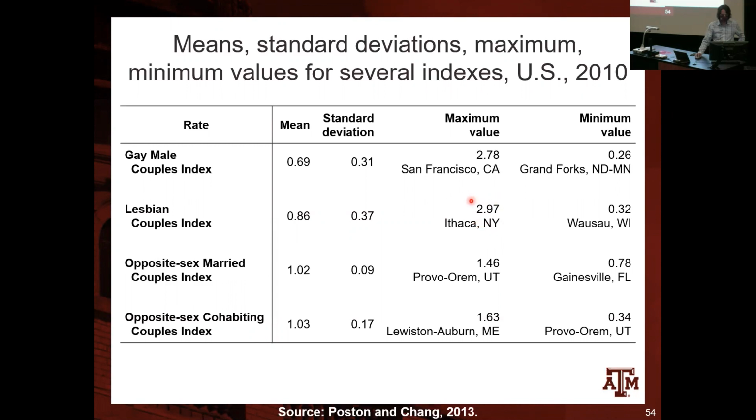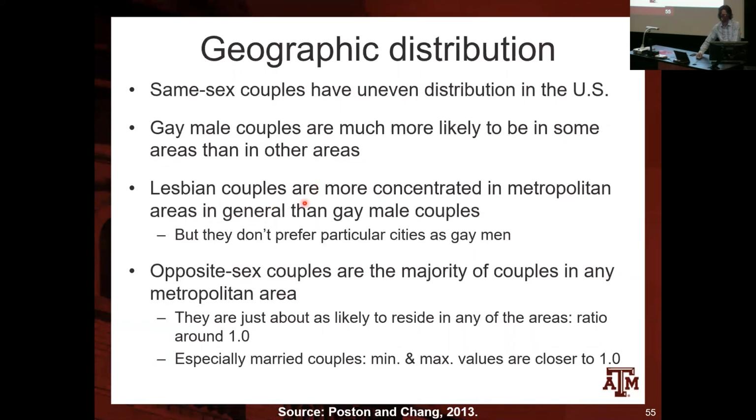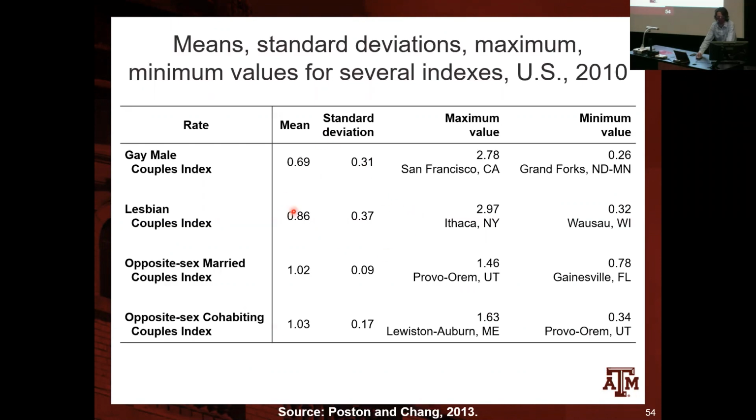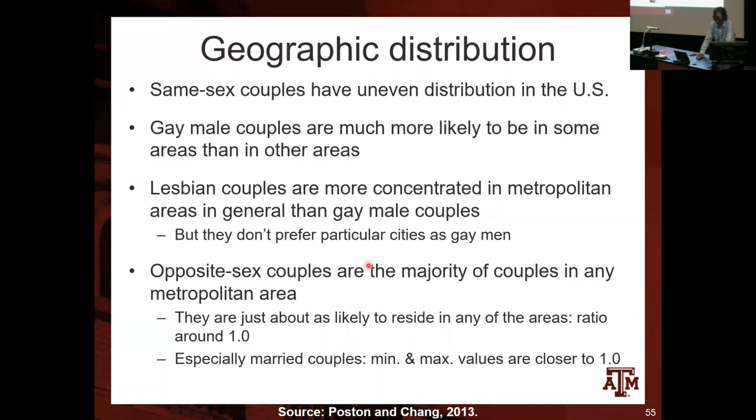But you also see that for lesbians, this number is higher than San Francisco. So this analysis that I got from the textbook is not completely based on this table. It's more based on an in-depth analysis that they did of the overall results.